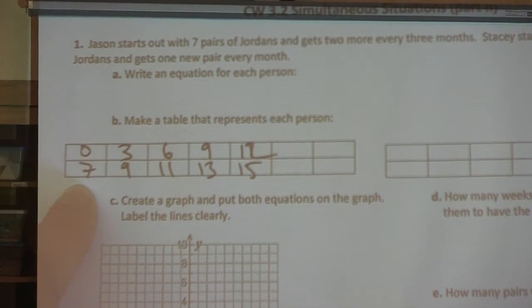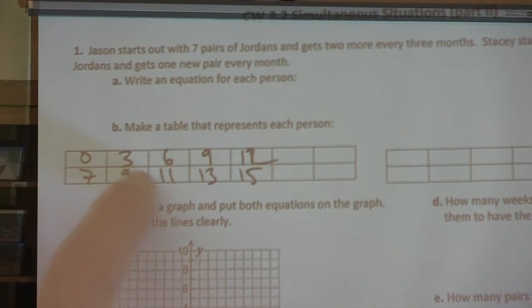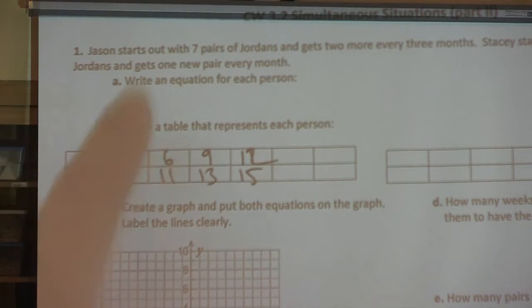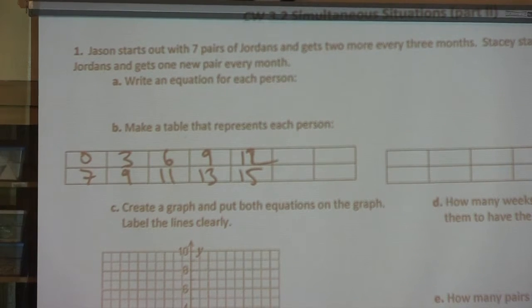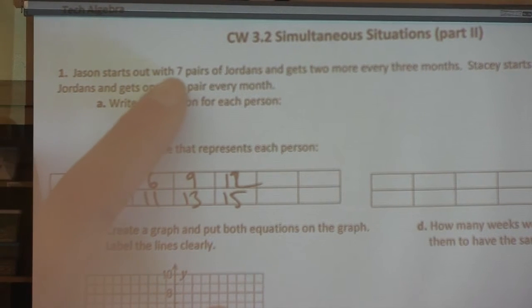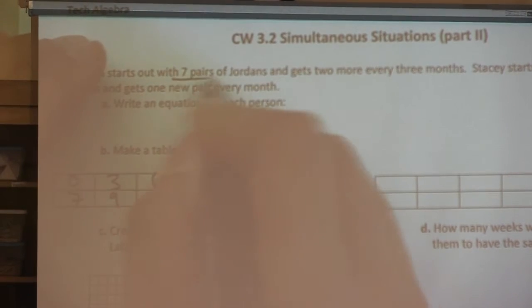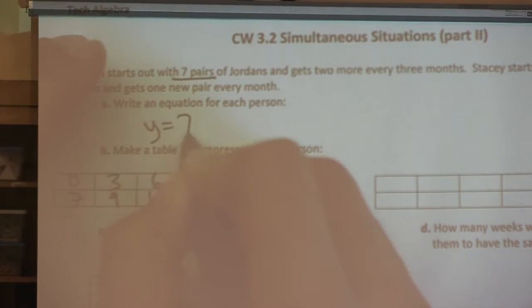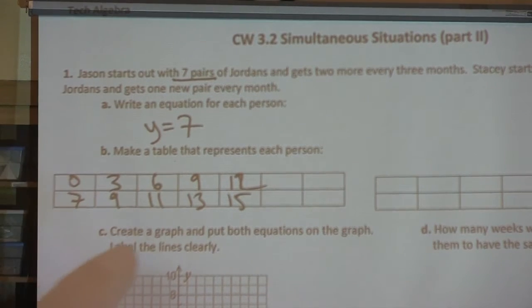So look, hold on. The tables are coming out pretty good. The harder part is people are having a harder part writing the equation. So let's look together. Okay, if you don't know how to write the equation, pay attention real quick. How many does Jason start out with? 7. It says 7, right? So I say y equals 7. That's how many he starts with.